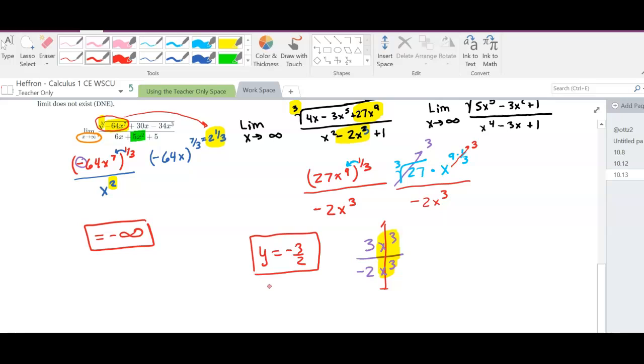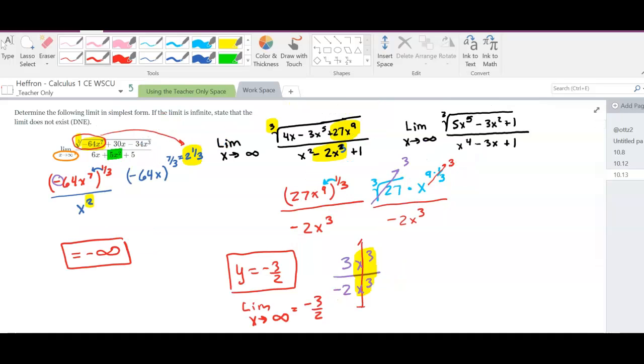So that's my limit as x approaches infinity, negative 3/2. Keep in mind, if you had wanted, you could have just plugged a big number in for every one of these x's. But that would have been kind of cumbersome. It's easier just to simplify, but you do have to take the cube root of 27, and you could do that on a calculator if you wanted.